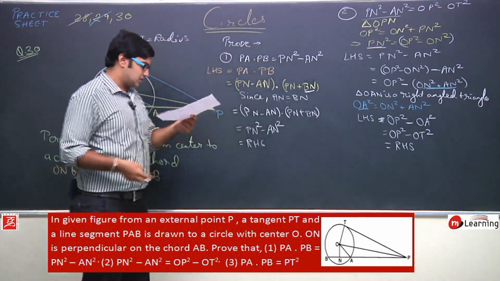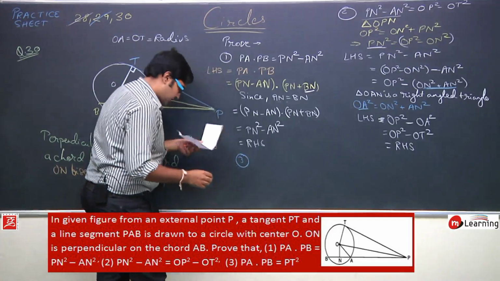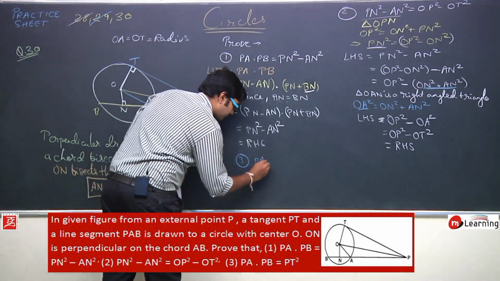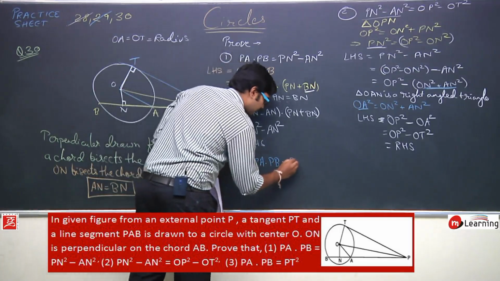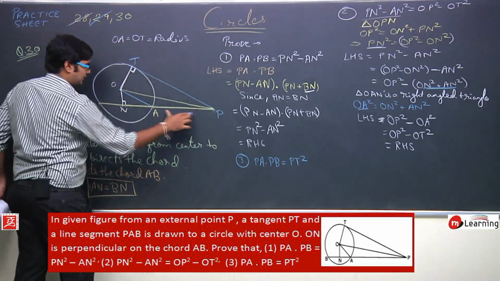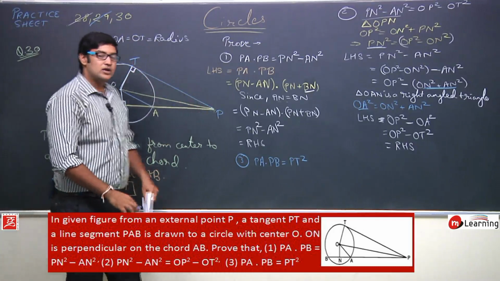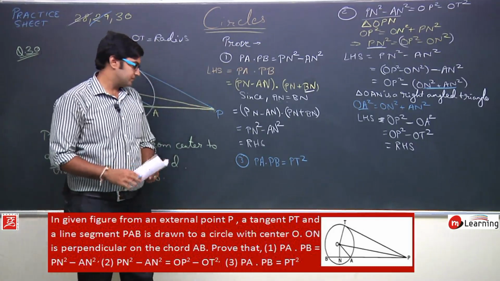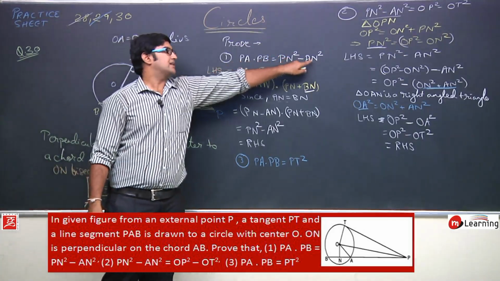Then the third condition that we need to prove is PA into PB is equal to PT square. Okay, so this is PA, this is PB, it is equal to PT square. Now try to observe this condition. I have PA into PB is equal to PN square minus AN square.